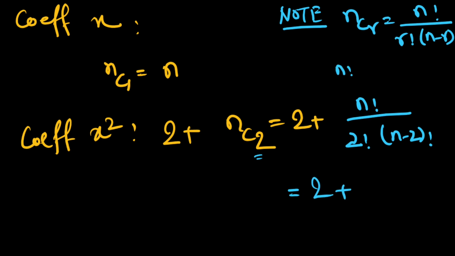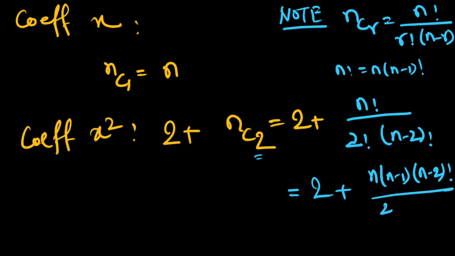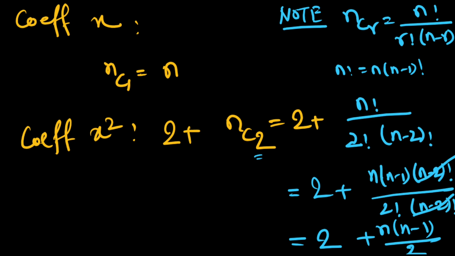Also n! = n(n − 1)!, and (n − 1)! = (n − 1)(n − 2)!, so we get n(n − 1)(n − 2)! over 2!(n − 2)!. The (n − 2)! cancel, so we get 2 + n(n − 1)/2, since 2! means 2.